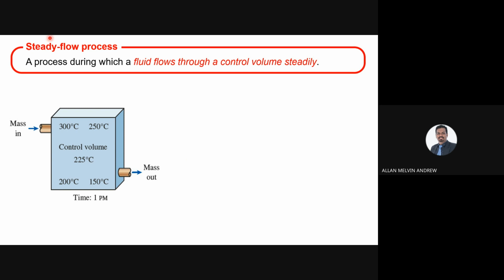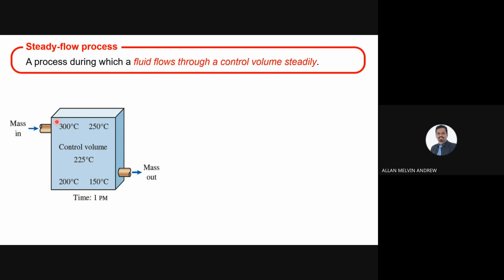Okay, so we will see steady flow process means a process during which a fluid flows through a control volume steadily. So you have a point one here, so mass is entering. So this is your control volume, and the mass is going out. So this is at the time 1 p.m. Okay, so you have a time, because steady is related to time.